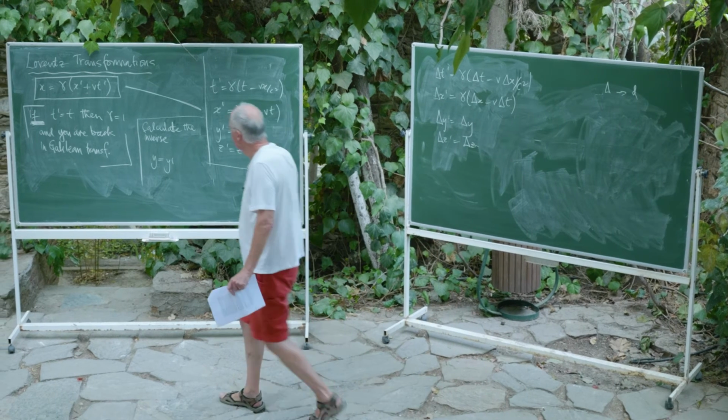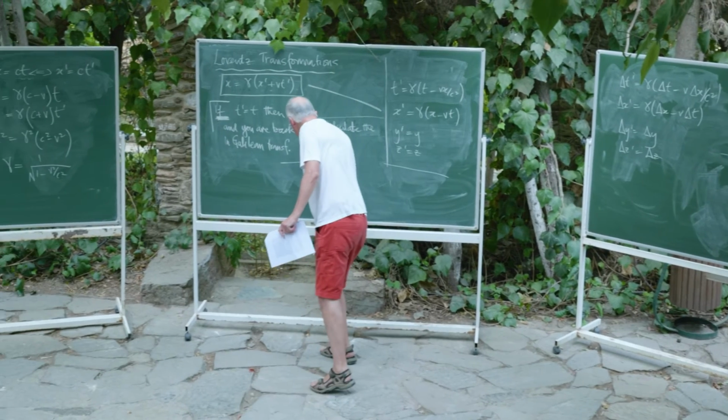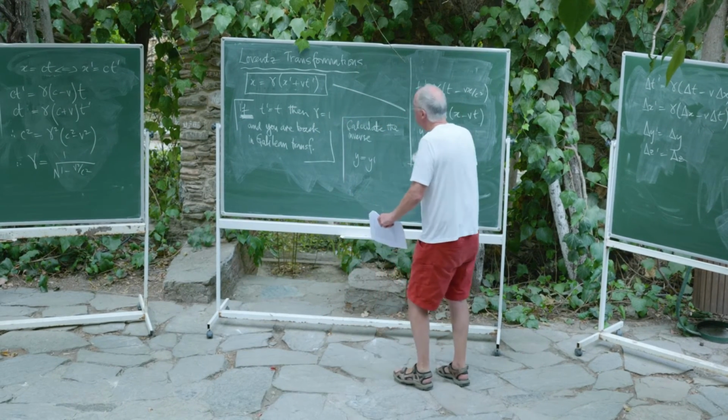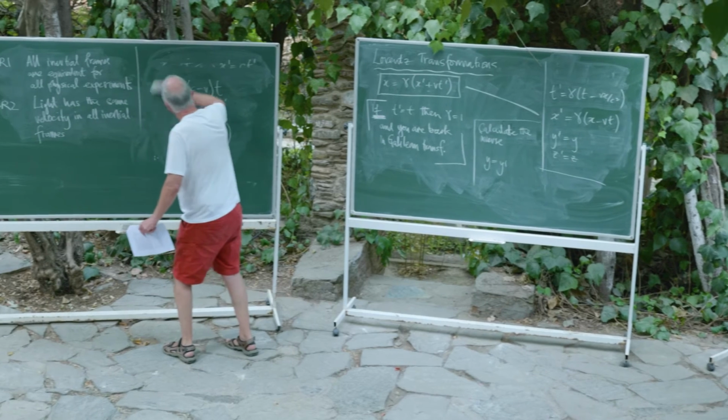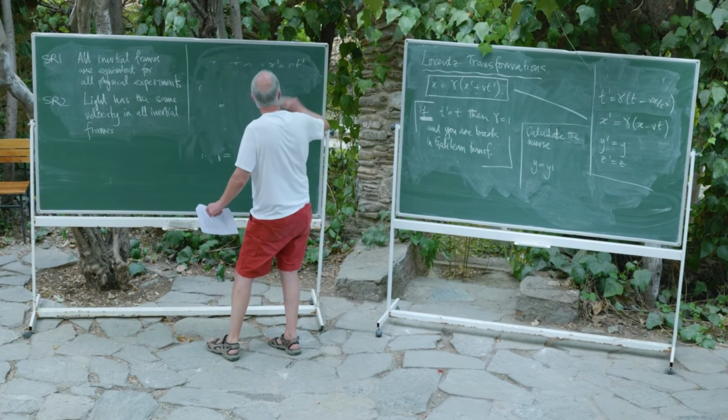Another useful thing you can do, and we're going to do this quite a lot, is instead of writing it all out like this, we're going to use slightly more sophisticated mathematical notation.